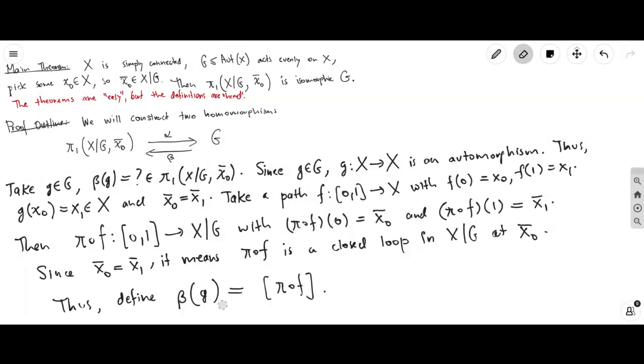So let's just summarize this again. If you take an automorphism, you let that automorphism act on the base point x0. x0 will get translated to a new point, x1. And then you just take a path between those two points, x0 and x1. If you then project that mapping, you would get something in the quotient that will now be a closed loop. And that's how this is being constructed.